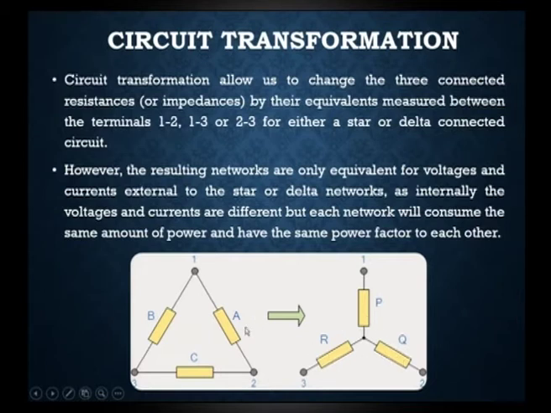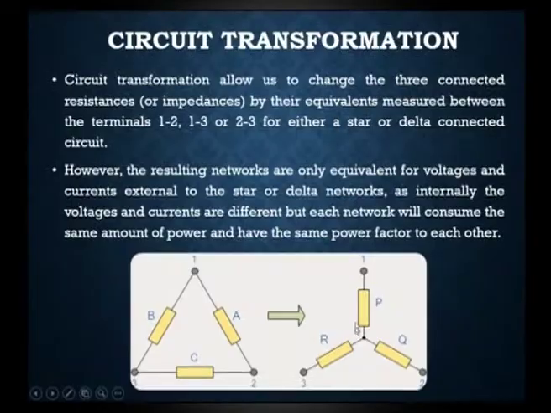Here, the equivalent circuit, the star equivalent of a delta circuit, has elements arranged in a star fashion, which are of different values. The internal values will remain the same, but the external currents and voltages that we are talking about are of different values. Whatever the different values considered, the circuit after transformation will have the same power factor and consume the same power.